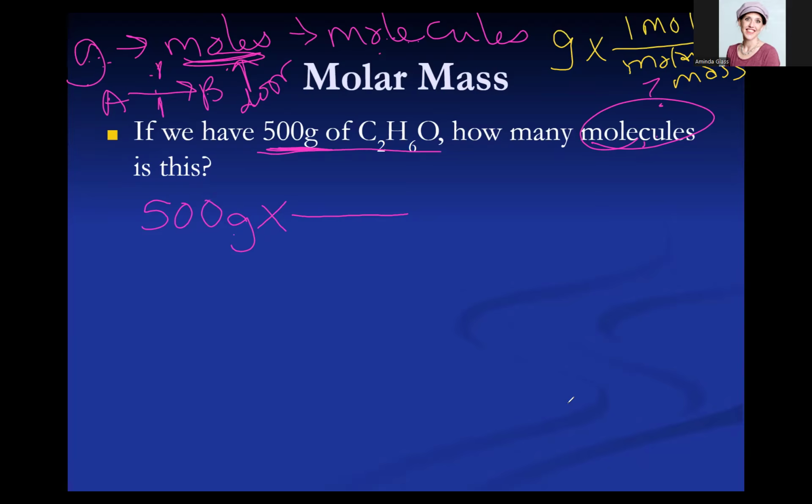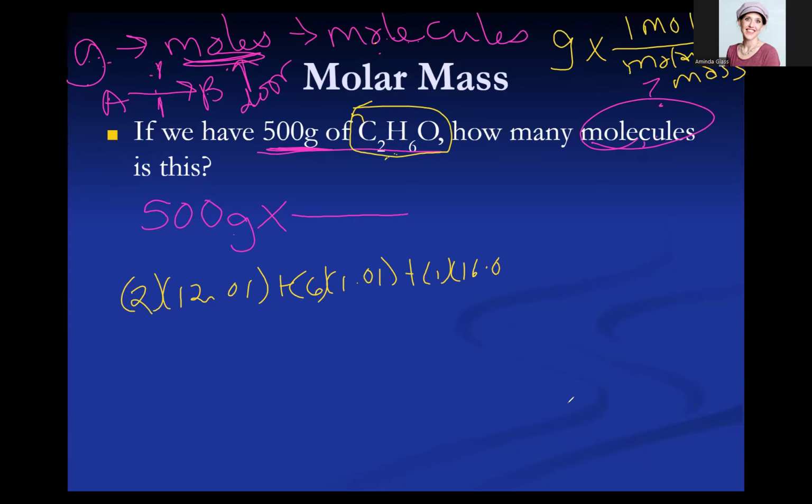So back to this. In order to find moles first, so that we can get to molecules, we have to calculate our molar mass. So we have 2 carbons. Each carbon has a mass of 12.01, plus 6 hydrogens, which has a mass of 1.01, plus 1 oxygen, which has a mass of 16.